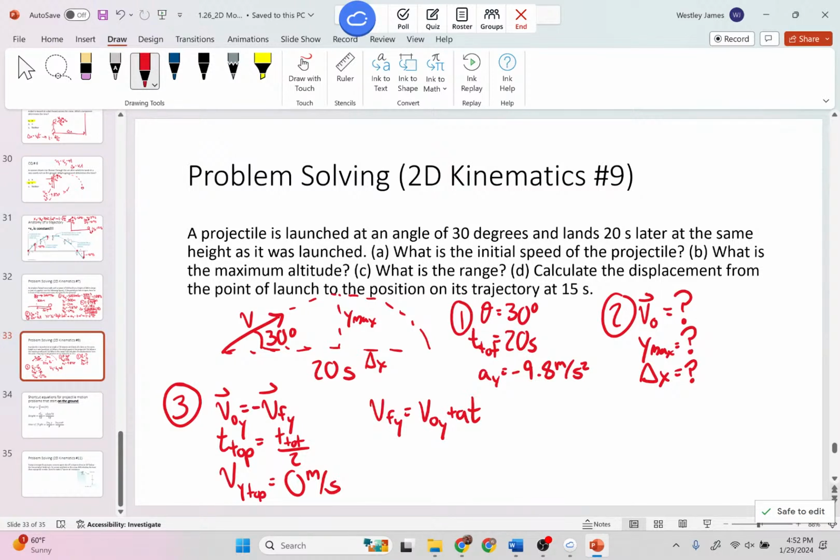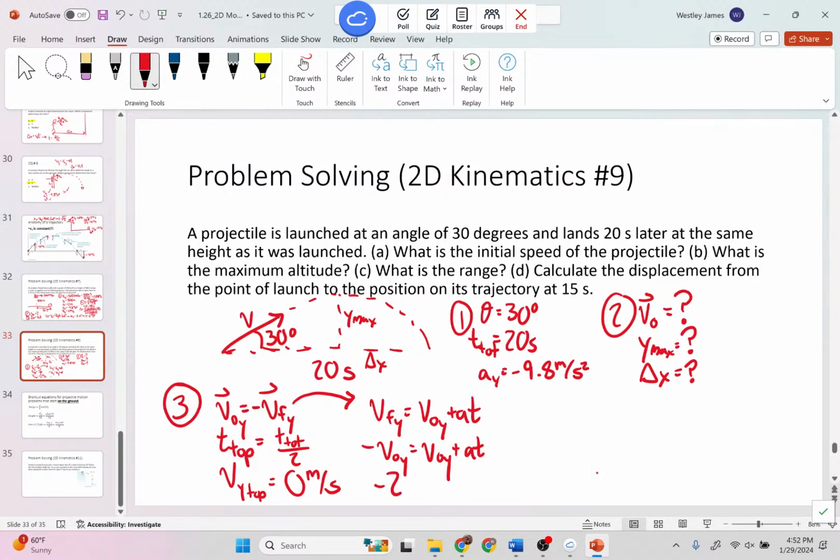We also know that the final velocity in the y is negative of the initial velocity in the y. So if we take this and chuck it in there, we can say that negative initial velocity y equals initial velocity y plus at.